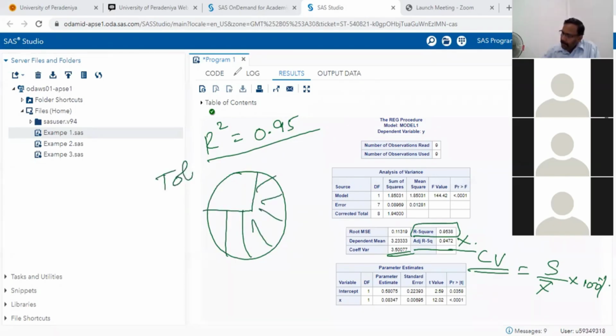This is the total variability. If it is in a percentage, this is 95%. So how can we explain this R square?